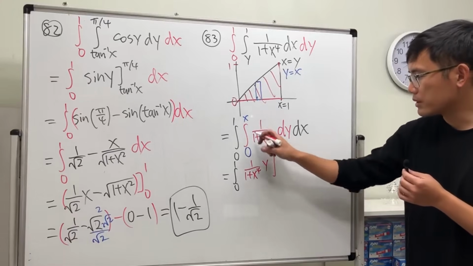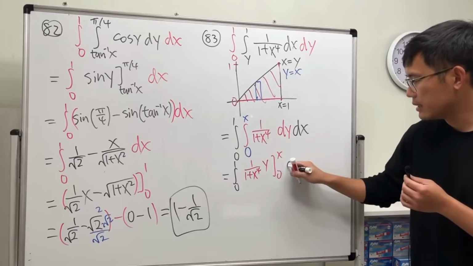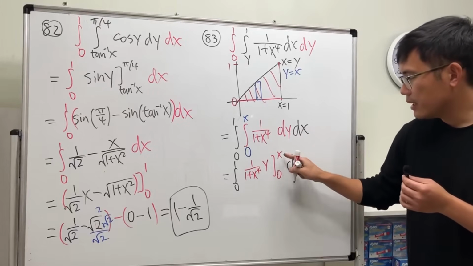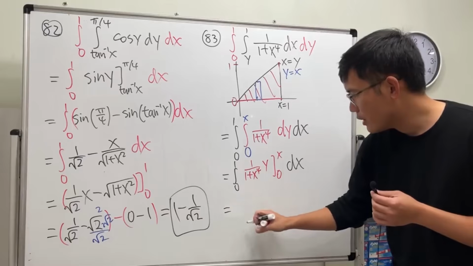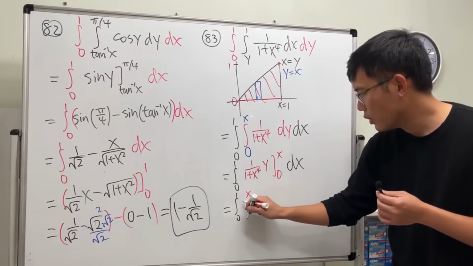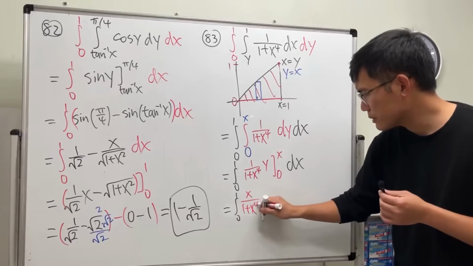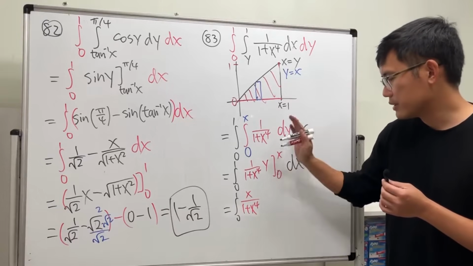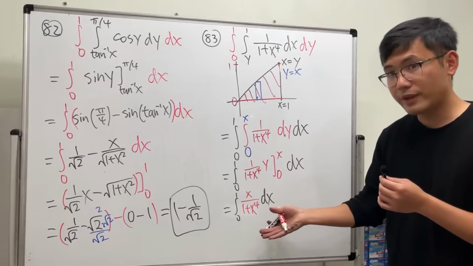And then we go from 0 to x, and then dx. Put x here. We get x over 1 plus x to the fourth power, and then put 0 here, so it's gone. That's good. So this is what we have.